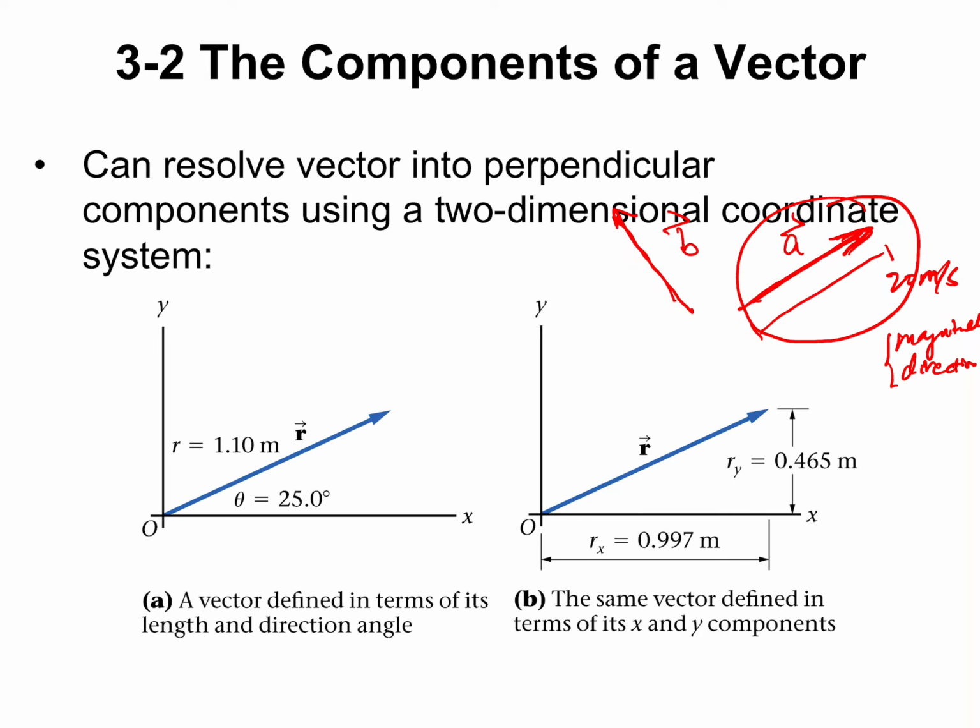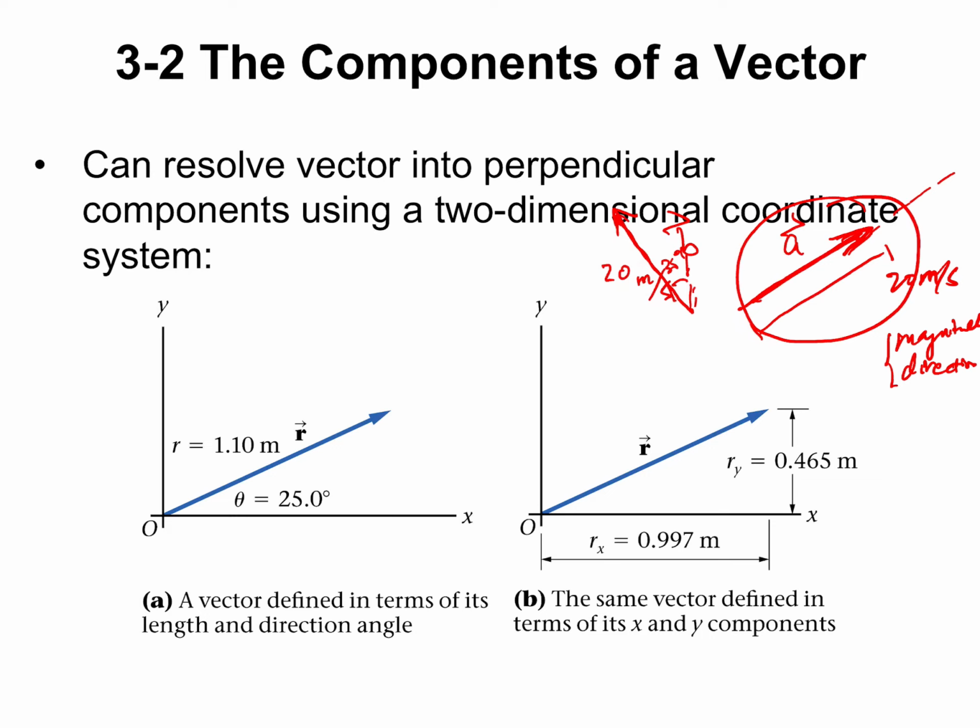So vector A is 20 meters per second pointing northeast. And vector B has the same length, 20 meters per second, maybe 30 degrees west of due north. You have to tell what direction it is. Even though they have the same magnitude, they have different directions, so it's a totally different vector. They're not equal to each other. In physics, that's the way we describe a vector.